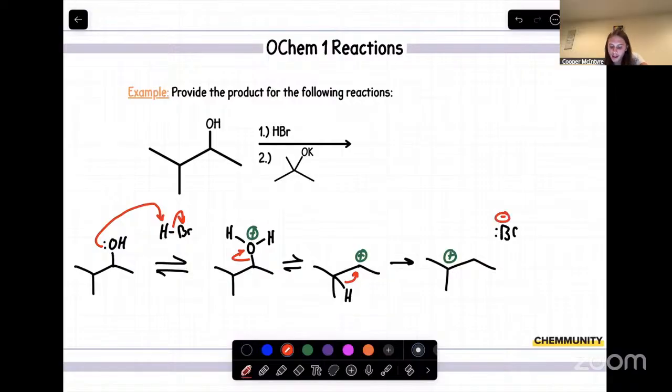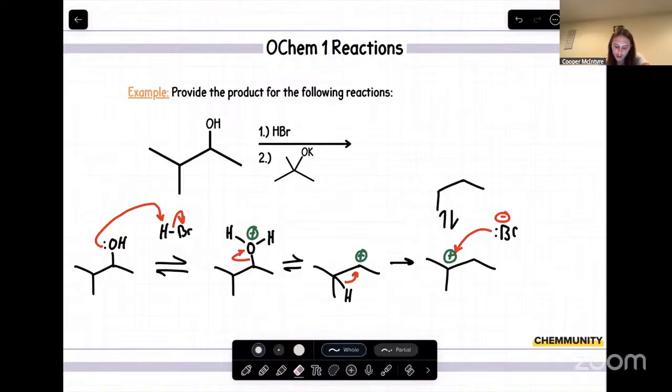So since that bromide ion is still floating around in solution, if you will, since we have a carbocation right here, that bromide ion will go through, attack that carbocation, and we'll then get this as a product. We'll make that line look a little nicer. Perfect. Sweet. So what we just formed is an alkyl bromide.